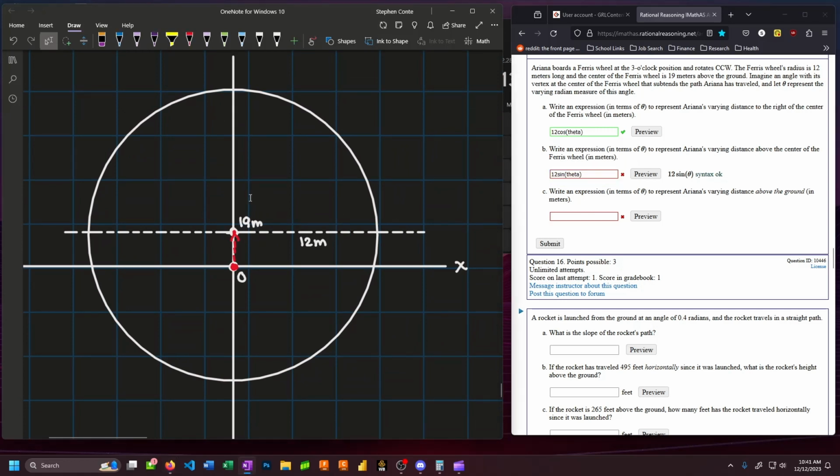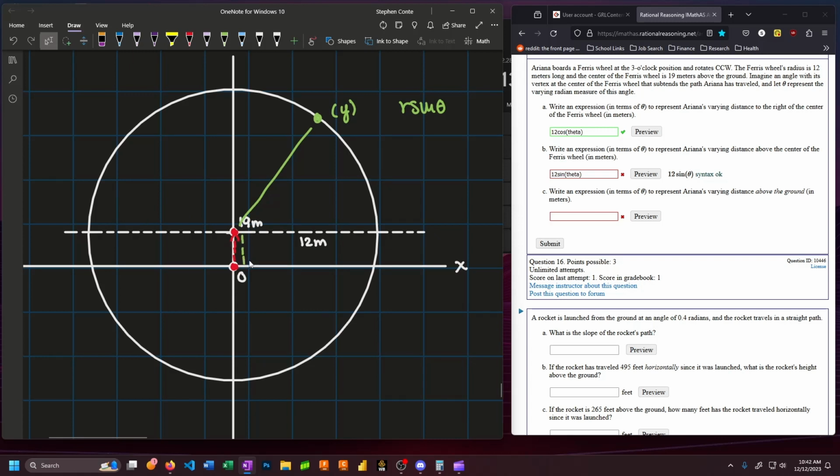The center of the Ferris wheel we know is here at 19 meters. So if I have some point here, and I want that y value relative to the center of the circle, that's just taking r sine of theta. But if for C, we want to represent the varying distance above the ground in meters, well, then I would have to add that plus 19, because I have this y value, but I also need to add in this distance from the ground.